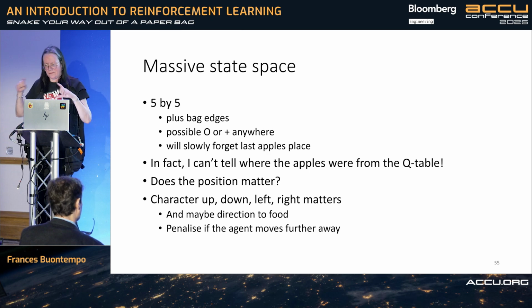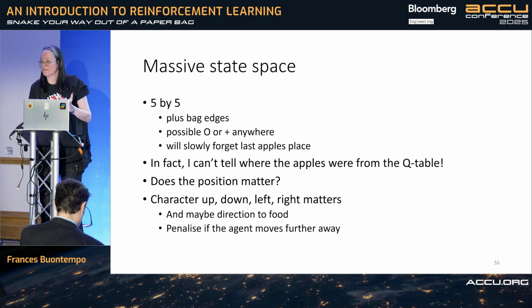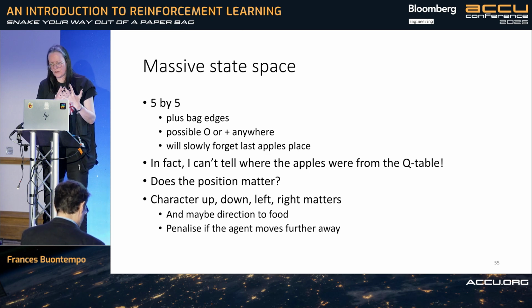So we've got 5x5 places as okay, and maybe an obstacle or an apple somewhere. And then if I do make this snake grow when it eats an apple, there might be a space, or there might be the apple, or there might be part of the snake's body. So I need to add more things to my state.